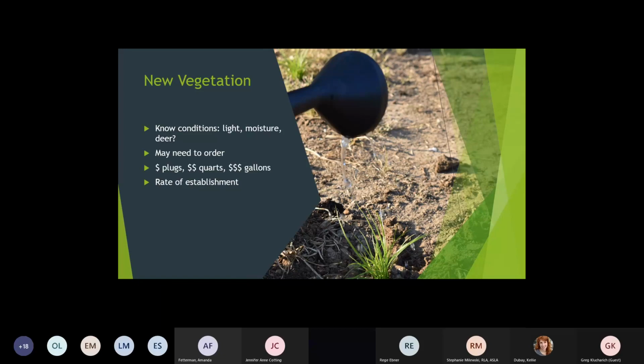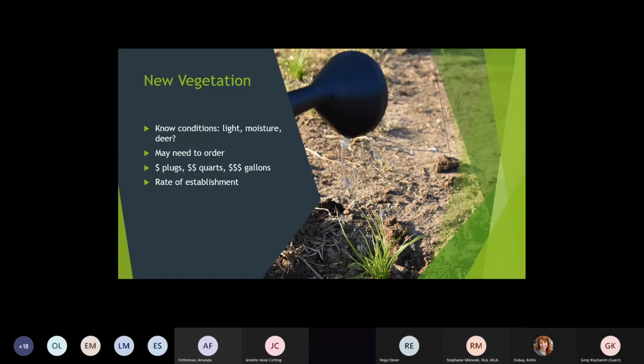So our initial planting was in the fall, and in the fall, those very economical plugs that I was talking about, the pint-sized plants, may be in short supply. So when you're thinking about planting, you may need to order plants. The plugs are the least expensive.